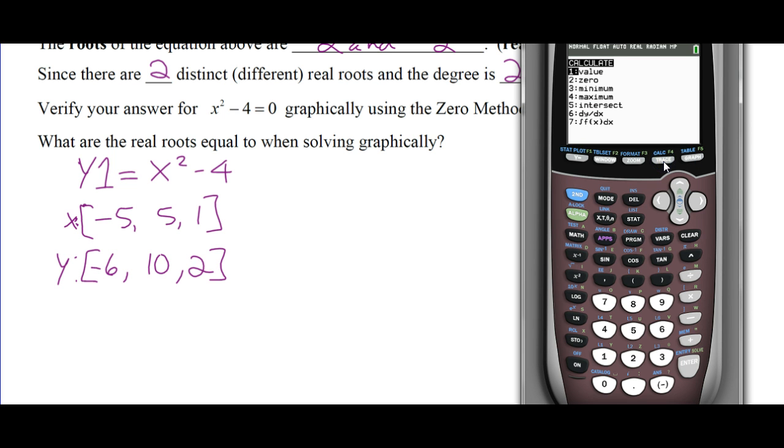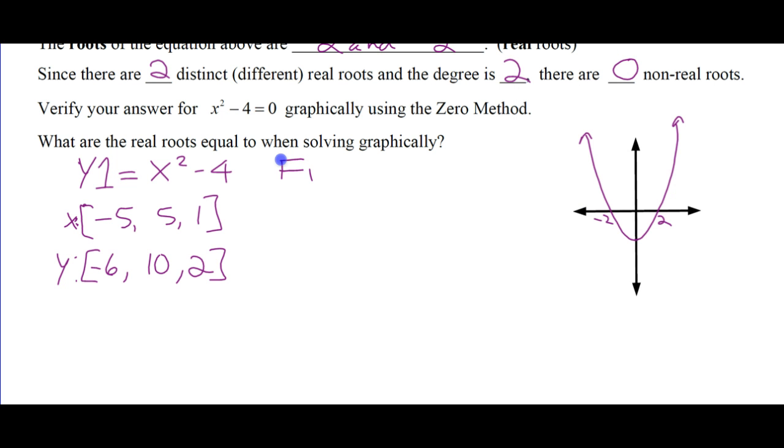So I go second calc, 5 is intersect. Okay, I'm just going to do one of them. So I just move to about the point of intersection, hit enter 3 times, and x is equal to 2. So we then find the values of the x-intercepts. So solving graphically, find the values of the x-intercepts.